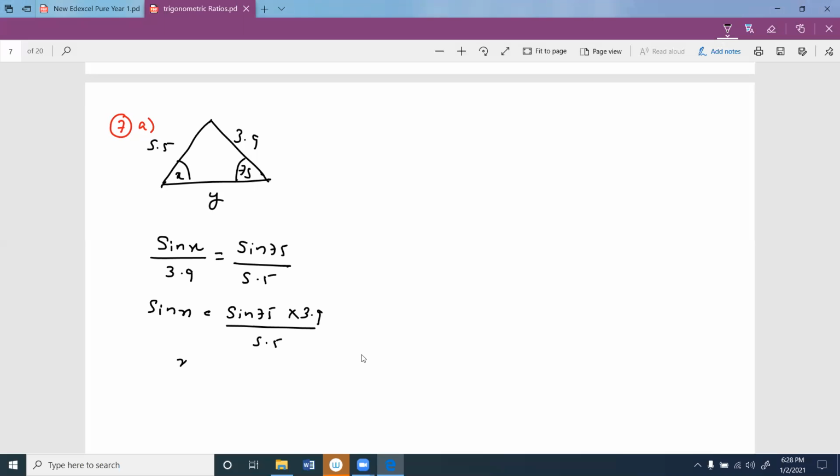With that, x equals sine inverse of that, which works out to 0.6849.